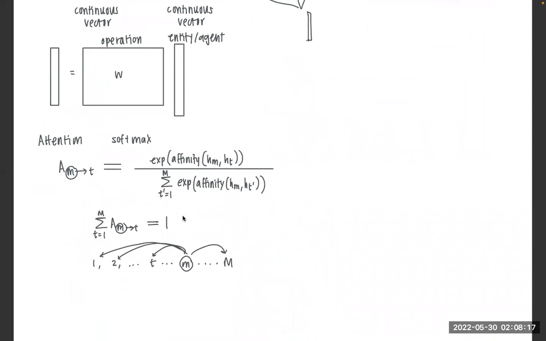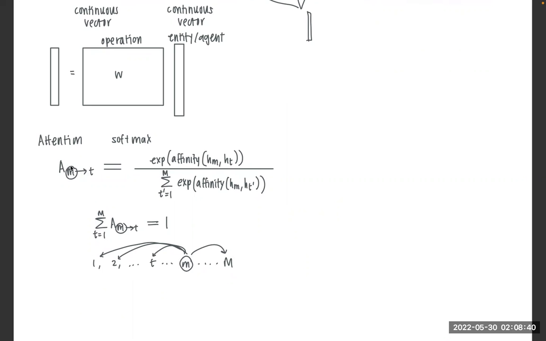So the attention that this m pays to any other vector t, I denote as a m paying attention to t, where t goes from 1 to capital M, including itself.